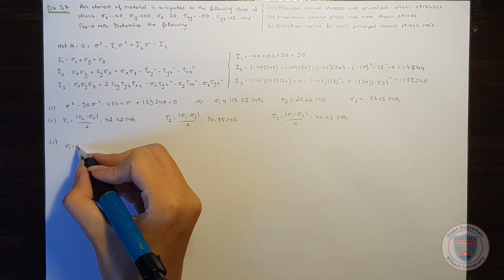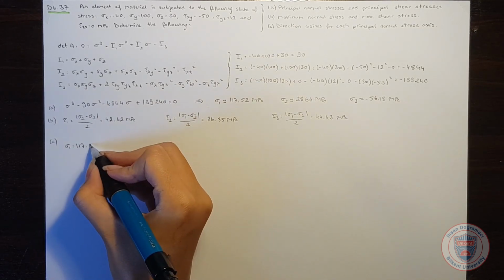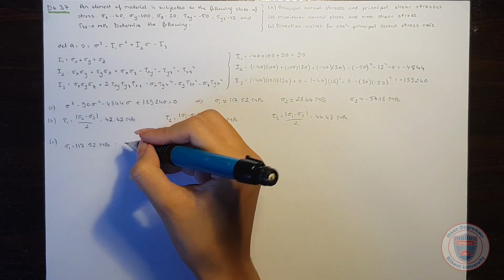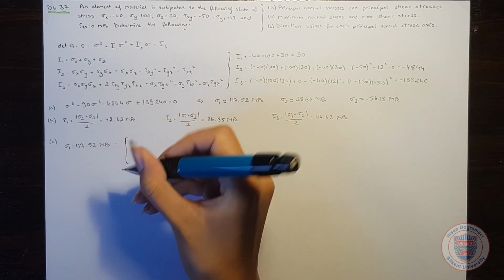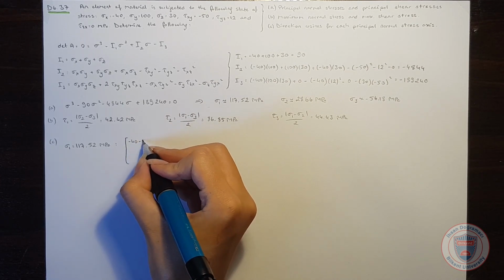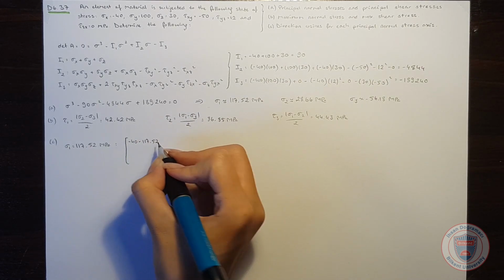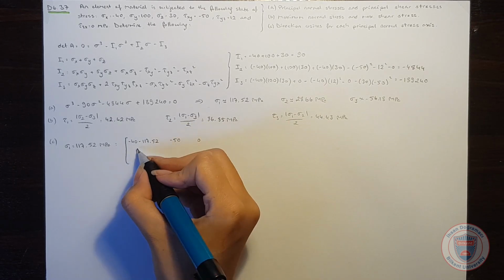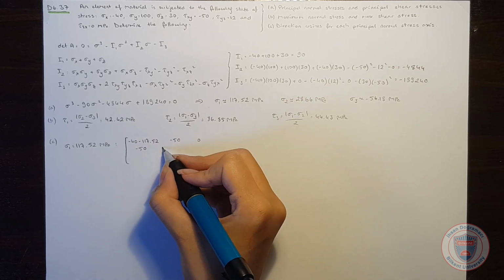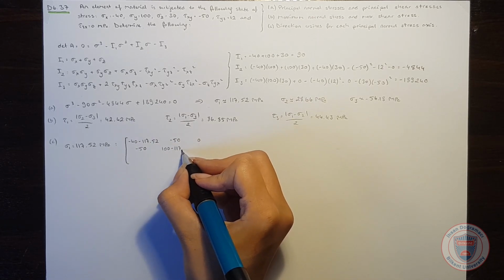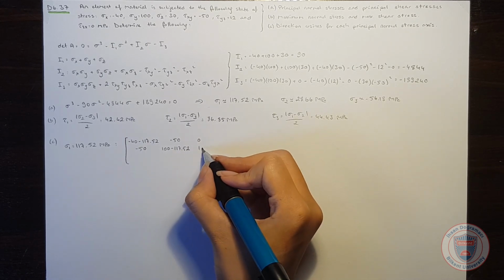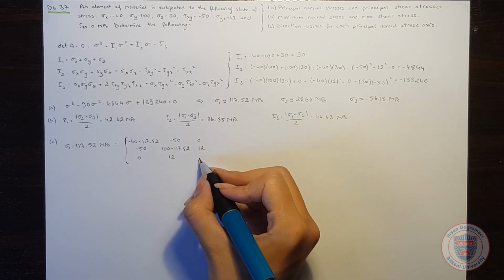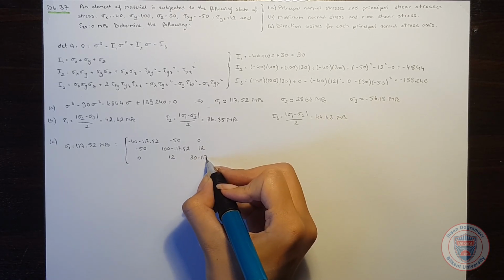For sigma 1 is equal to 117.52 MPa, our matrix will look like minus 40 minus 117.52, minus 50, 0, minus 50, 100 minus 117.52, 12, 0, 12, 30 minus 117.52.